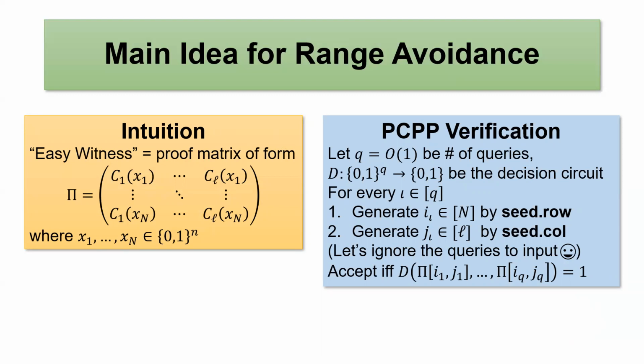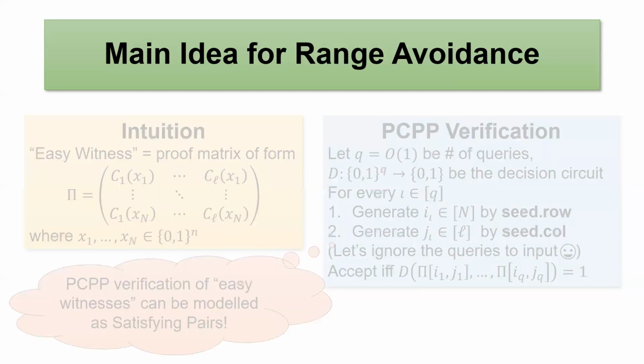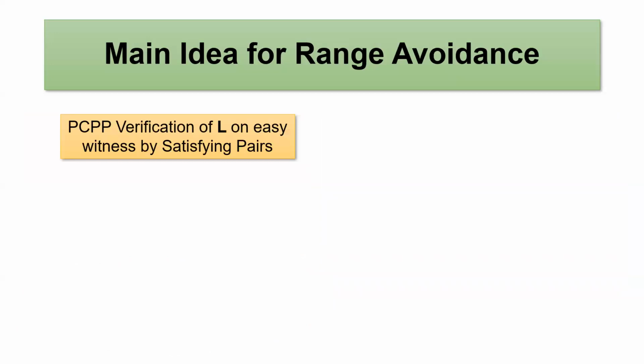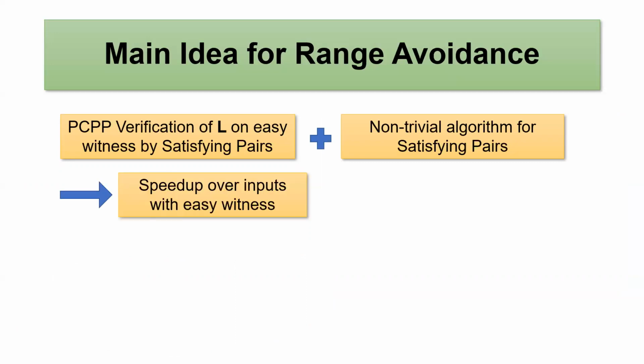Therefore, estimating the acceptance probability of an easy witness can be modeled as a satisfying pairs problem. Now, with the non-trivial algorithm for satisfying pairs, for input with an easy witness, we can obtain a speedup when non-deterministically deciding whether the input is in L.